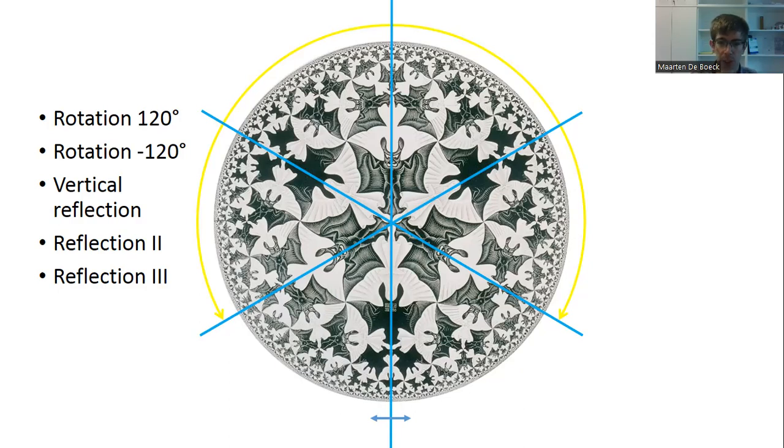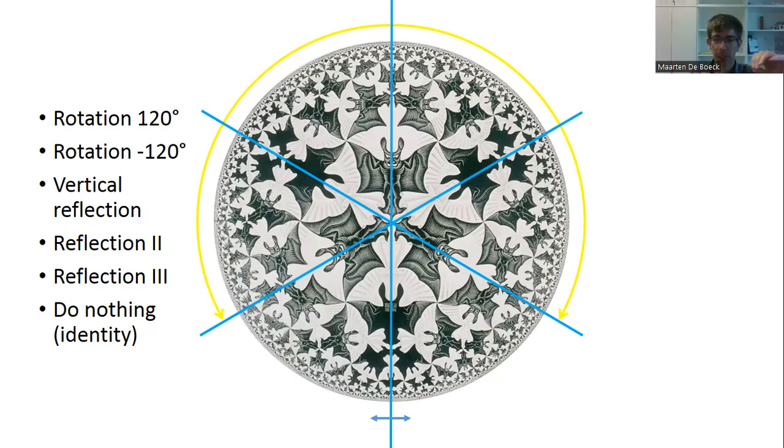The 6th one is so obvious, I hardly dare to tell you, but doing nothing is also something I could do without you noticing. Yeah, this is quite obvious, and you realize this is true for any object. So each object you think of has at least one symmetry. Every object is symmetric, namely the doing nothing symmetry. Mathematicians would call this the identity. Okay, so this object has 6 symmetries.